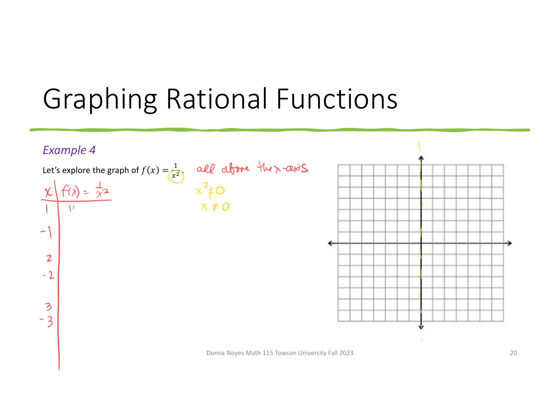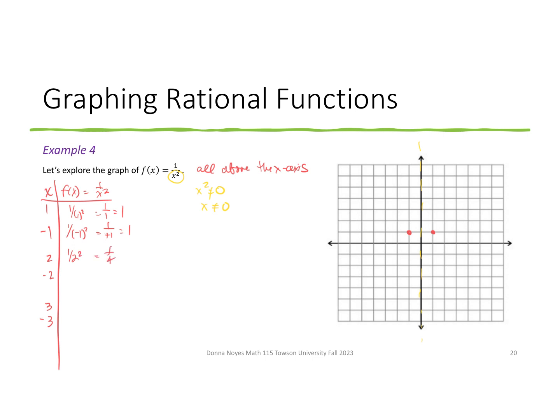So at 1, we get 1 over 1 squared, which is just 1 over 1, or 1. Okay, we can do 1, 1. 1 over negative 1 squared is going to be 1 over positive 1, which is still 1. So negative 1, 1. Okay, let's try 2. 1 over 2 squared is 1 over 4.